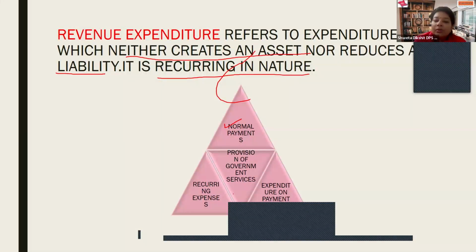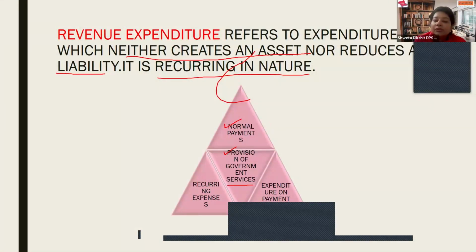Then the government also provides various kinds of government services, like we have police, army, security system, paramedical, paramilitary, the medical field, and education. All these systems, the government has to make investments in.